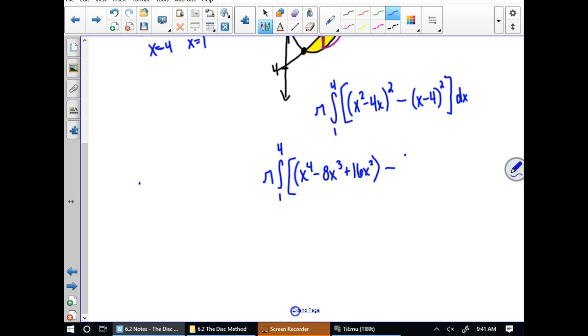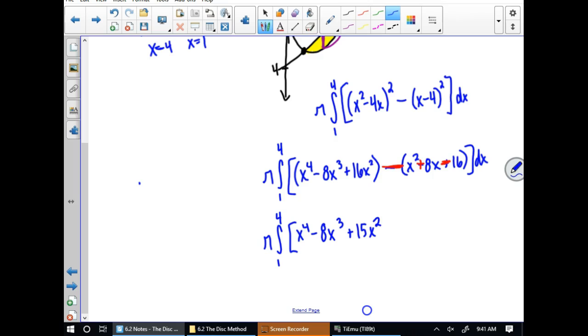And then we'll have minus x squared minus 8x plus 16. And then we'll distribute that negative, so this will make this a minus, this will be a plus, this will be a minus. So we'll have pi, the integral from 1 to 4, x to the fourth minus 8x to the third plus 15x squared plus 8x minus 16.